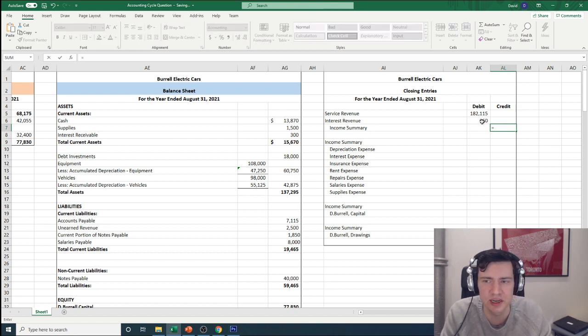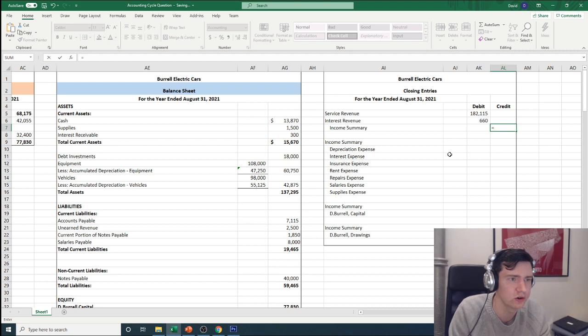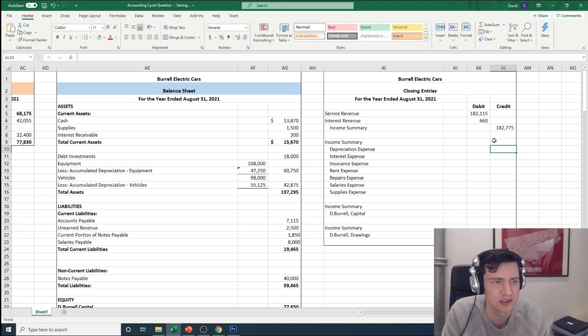And income summary is a temporary summary of our income, because when we close the expenses and the revenue, the net of those two are going to be closed to income summary, and that's either going to be a net income or a net loss. So take the 182,000 plus the 660, and we're going to transfer all of the revenue over to income summary.